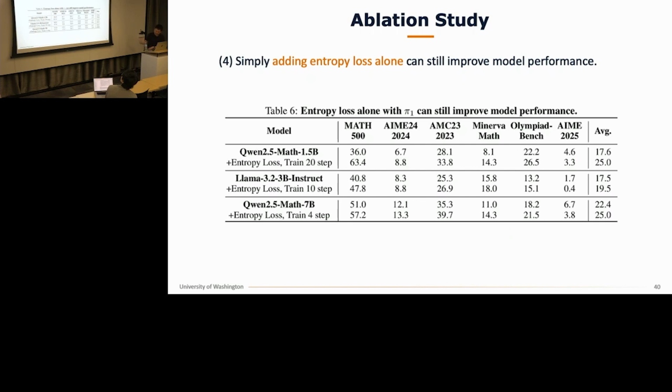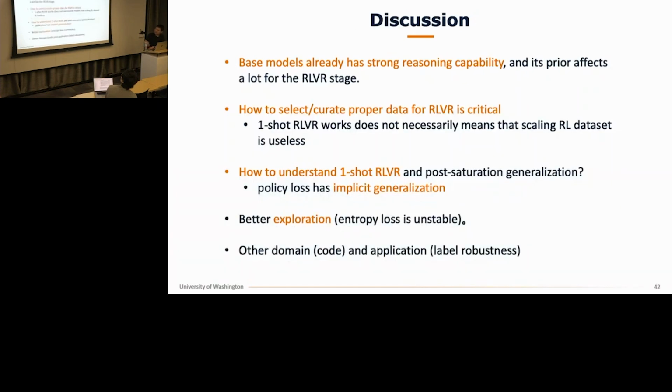I hope this talk gives you a sense that there are more questions to answer than specific answers. All these empirical phenomena are quite surprising, and in the future we'd like to understand why. In summary, one implication of our finding is that the base model already has strong reasoning capabilities, because we only use one example to train it.